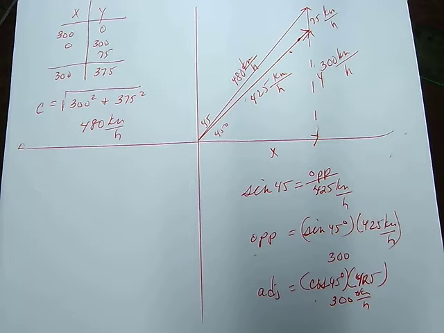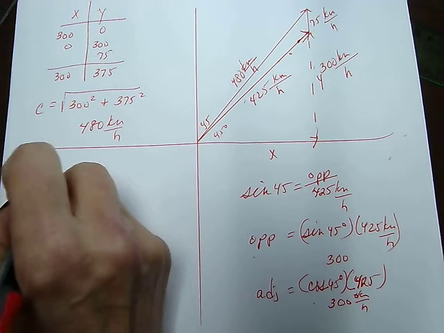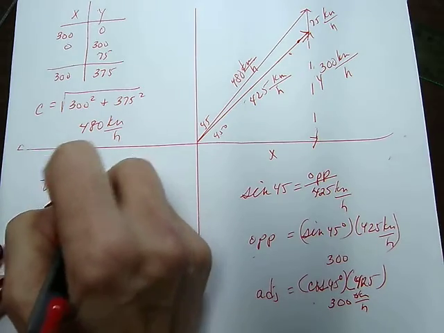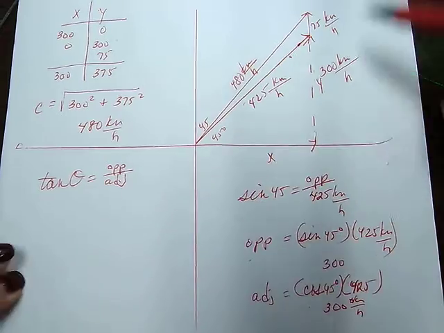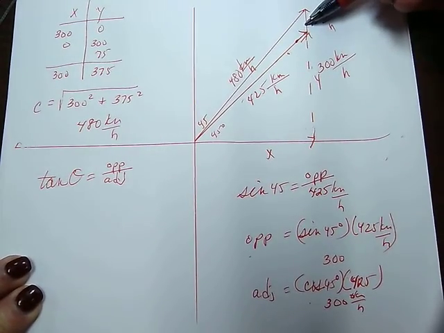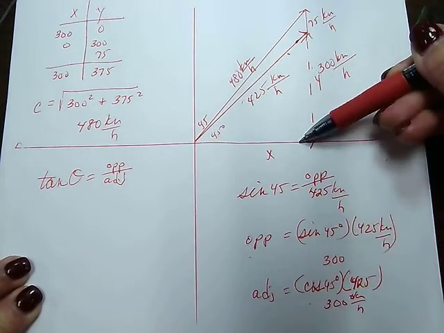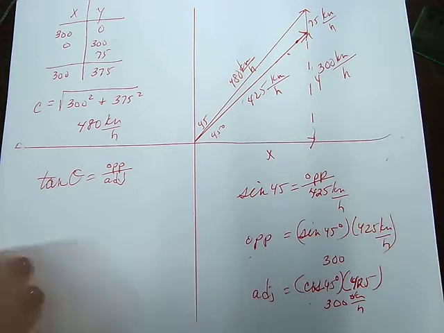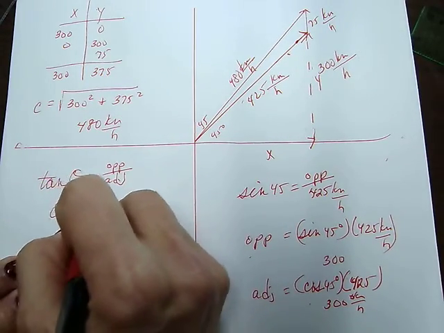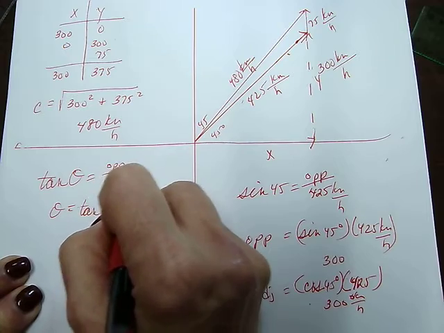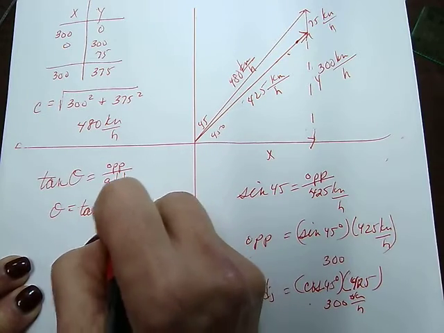Now, there's two ways to go about this to find the angle, we're going to use tangent, okay? So this would be the opposite, and this would be the adjacent. So we're going to say 375, the opposite. Theta is going to be the inverse tangent of 375 divided by 300.